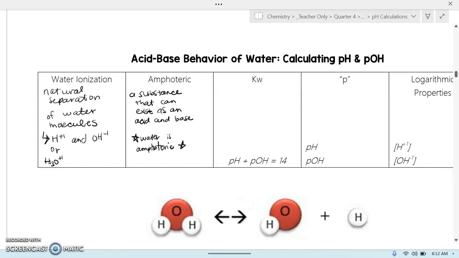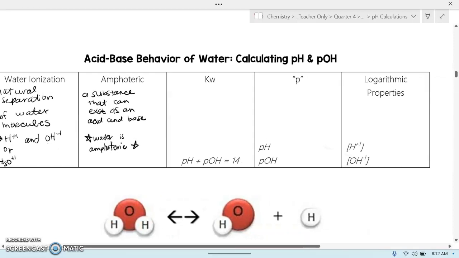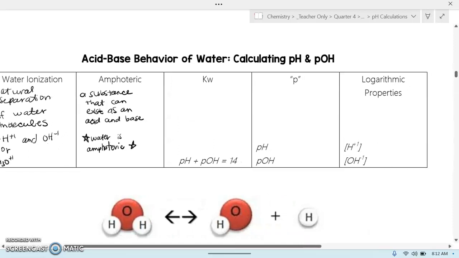Next, we have this KW, which I talked about earlier, this equilibrium constant, or the ratio between H and OH. This is where we get our basis for making these calculations.